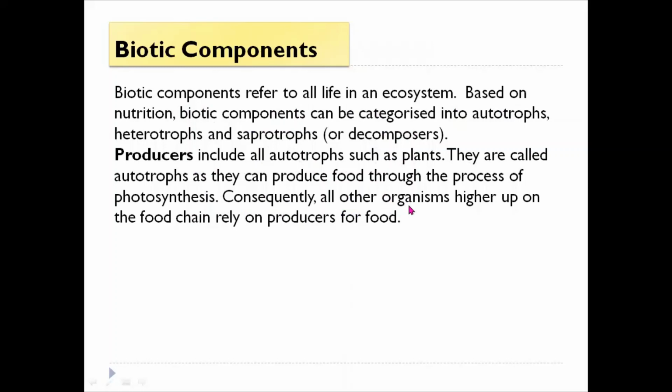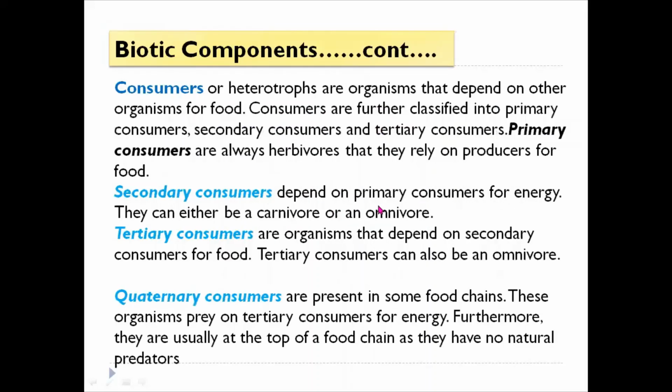Consequently, all other organisms higher up on the food chain rely on the producers for food. So we depend on the producers for food. Who are the producers? Producers are mostly the plants. So plants provide us the energy in the form of food because they produce it.